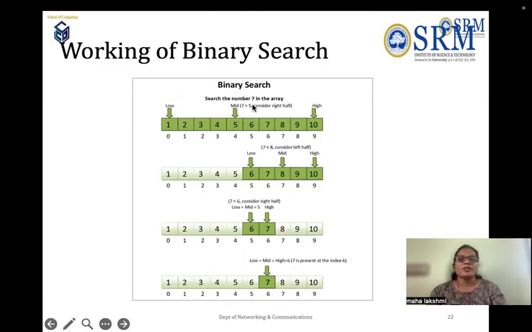Your target element is 7, so first find out whether 7 is greater than 5 or not. If 7 is greater than 5, then you have to consider the right half. So from the fifth element, you start searching towards the right until finding the target. If your target element is less than 5, for example 3, then from the center you start searching towards the left until you find the target. This is how the binary search works.